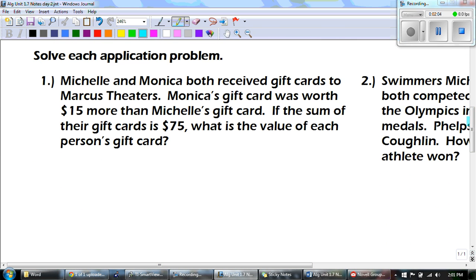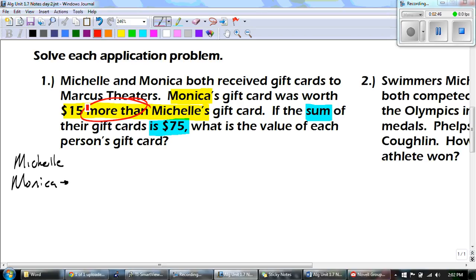Michelle and Monica both received gift cards to Marcus Theater. Monica's gift card was worth 15 more than Michelle's. If the sum of their gift cards is 75, what is the value of each person's gift card? So the first thing is we're talking about Michelle and Monica. The only person they really tell us about is Monica. They said that Monica's gift card is 15 more than Michelle's.